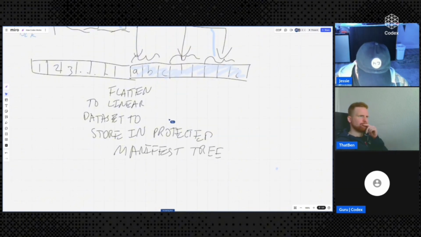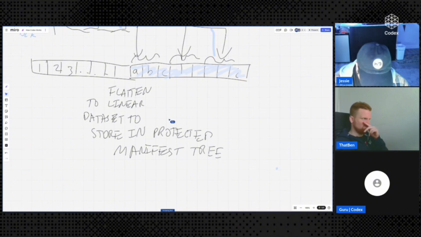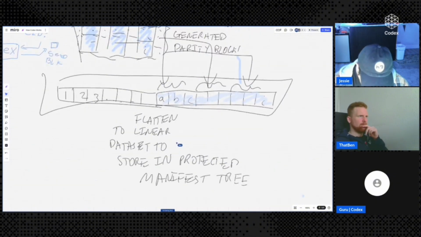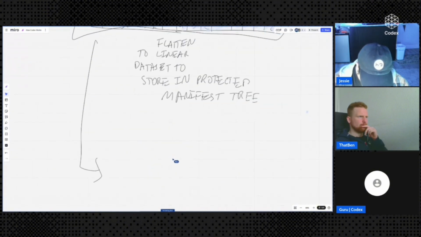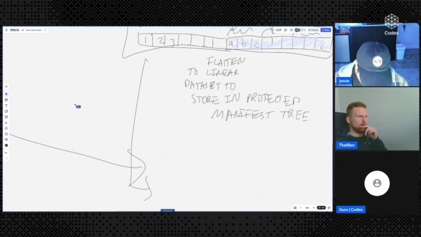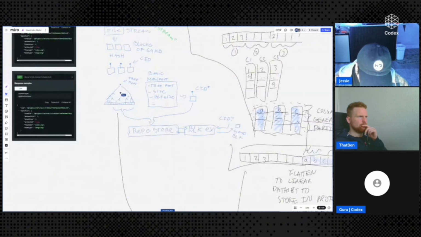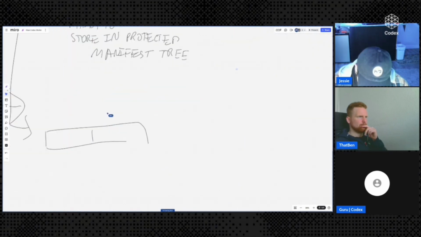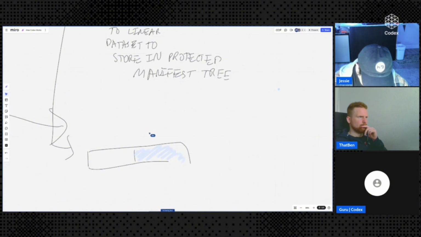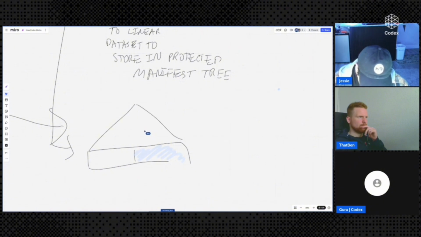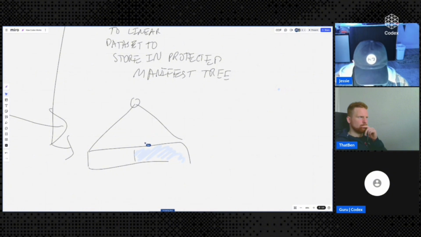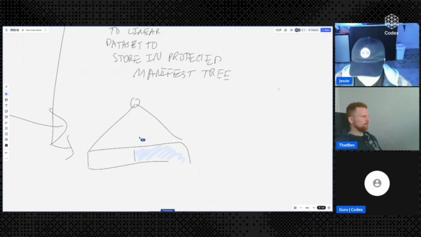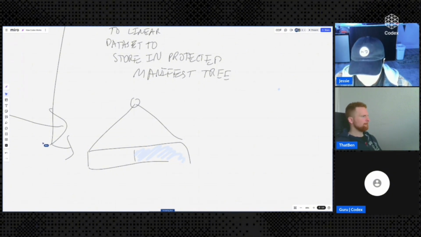And then it looks like you took this, and we'll do something similar to what you did over here. We're just going to take that data set and represent it like this. So we're taking that data set above, and we're creating a Merkle tree out of this new data set that has the erasure coded parity data appended to it.